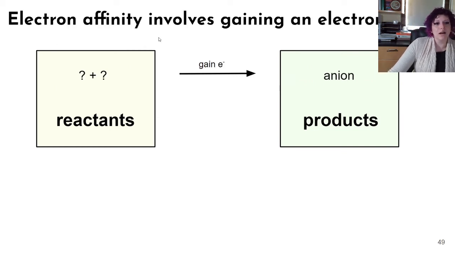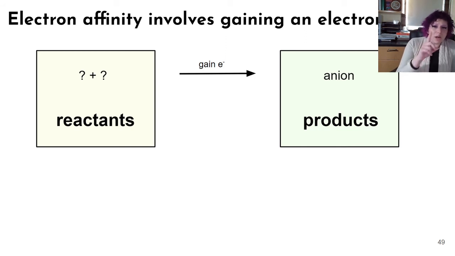So, electron affinity involves gaining an electron. So our products are an anion. This is an atom with an overall negative charge. So it has eaten the electron and is now overall negative.